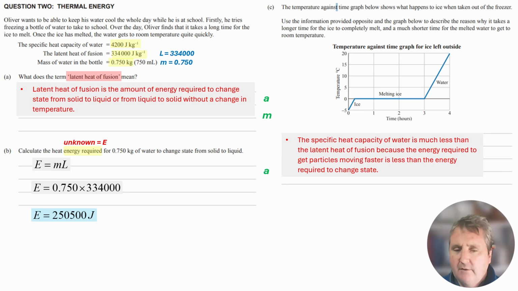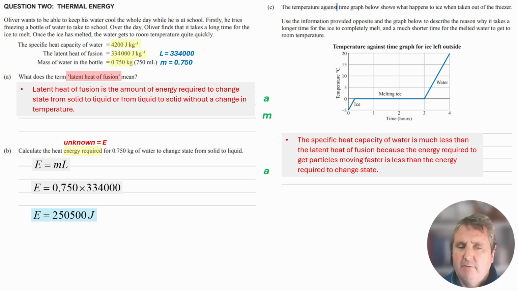here what we're going to do is say that the specific heat capacity of water we can see is 4,200, with the latent heat of fusion being 334,000. So the specific heat capacity of water is how much energy it takes to raise a kilogram of water 1 degree Celsius, right?